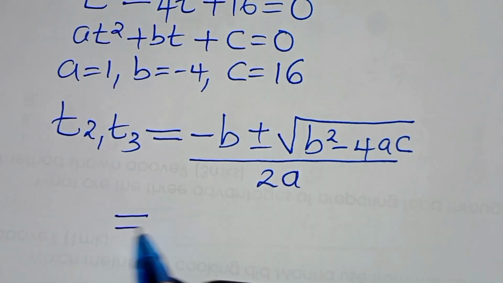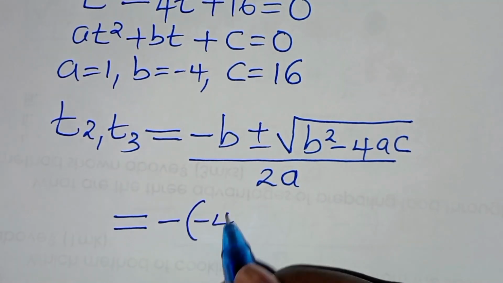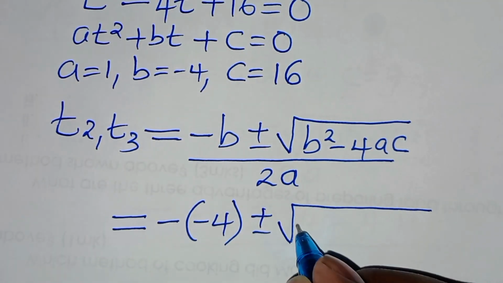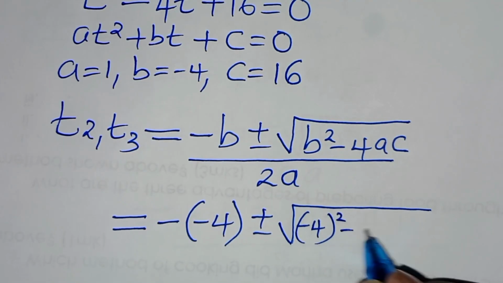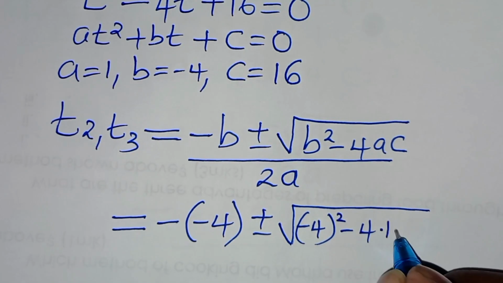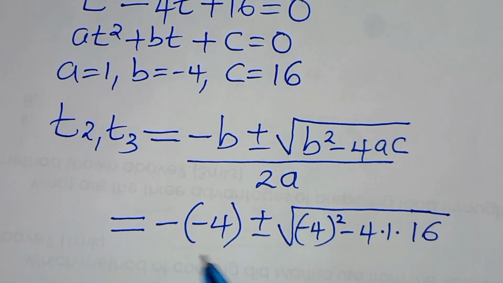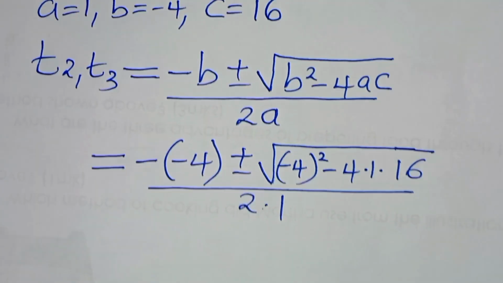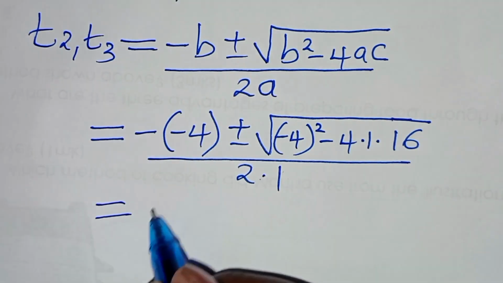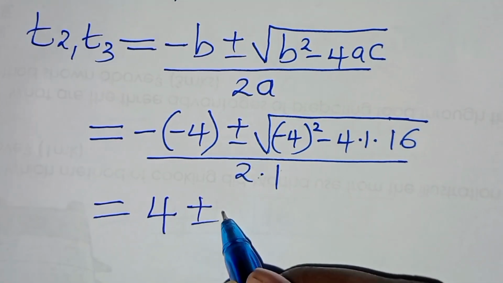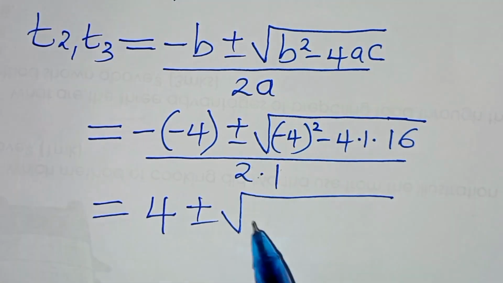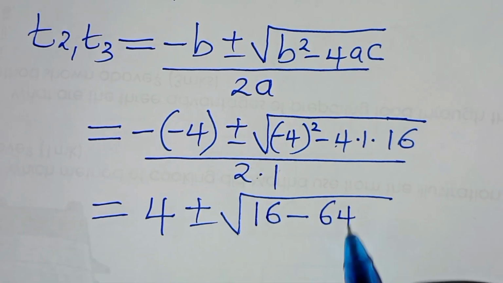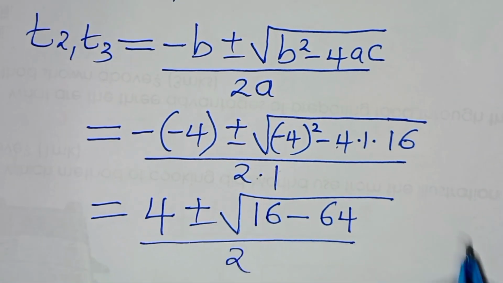So in this case here, we have minus minus 4 plus or minus the square root of minus 4 squared minus 4 times a, which is 1, times c, which is 16, all divided by 2 times 1. So here we have minus times minus 4, this is 4, plus or minus the square root of minus 4 squared, this is 16, minus 16 times 4, this is 64, divided by 2.